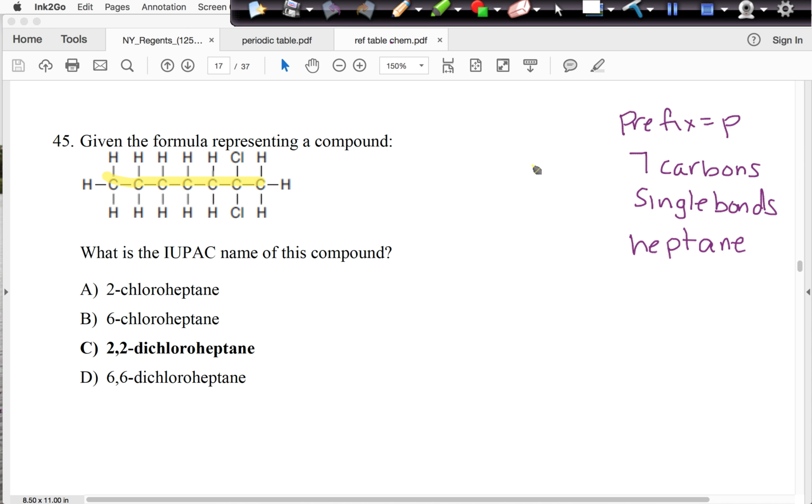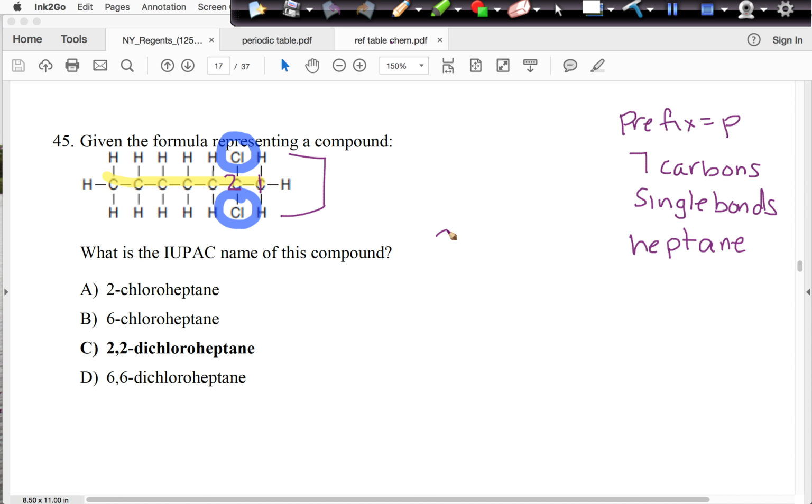Now the next thing we're going to do is identify our groups, our branches. The H's are not part of branches, but these two Cl's are branches. So we're going to need to give those branches a name and a location. So when we get our location, we count from the end that they're closer to. So they're sort of closer to this end. So 1, 2.